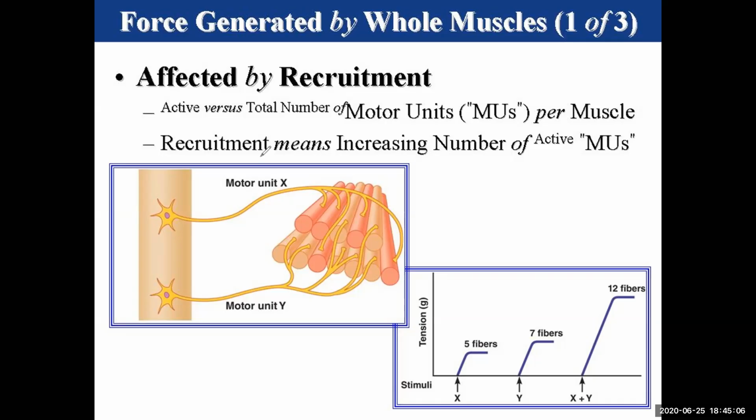And the recruitment means increasing the number of active motor units. This is how the nervous system works. It will activate the small motor unit first, always. So the motor unit that innervates the lesser amount of skeletal muscle fibers, and it moves up. So that's what you see here.